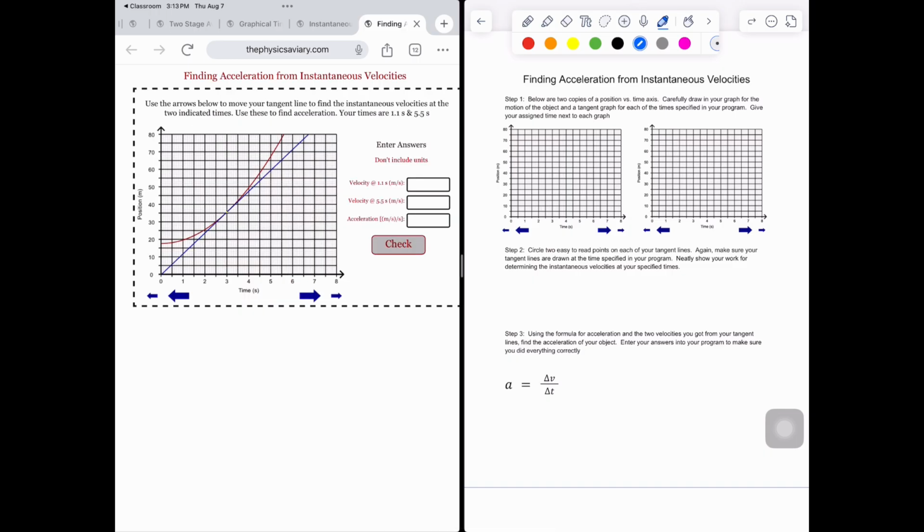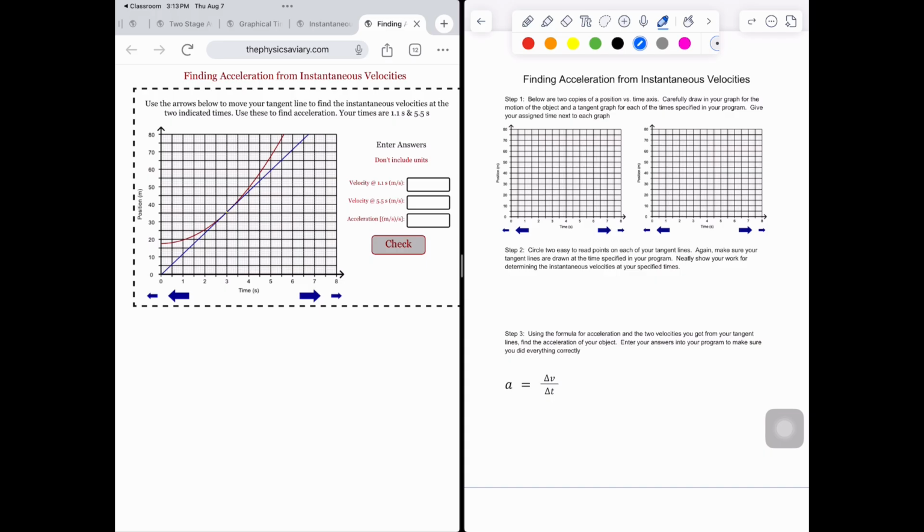Okay, so the first thing you're going to do is lock in 2 different times. For me, my times are 1.1 seconds and 5.5 seconds. What I want you to do is lock in both of your times and take 2 screenshots. So I'm going to go ahead and do mine.